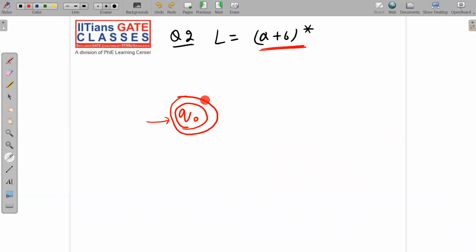So if you construct this Turing machine, it will accept (A plus B) whole star. That means all possible strings over A and B will be accepted.